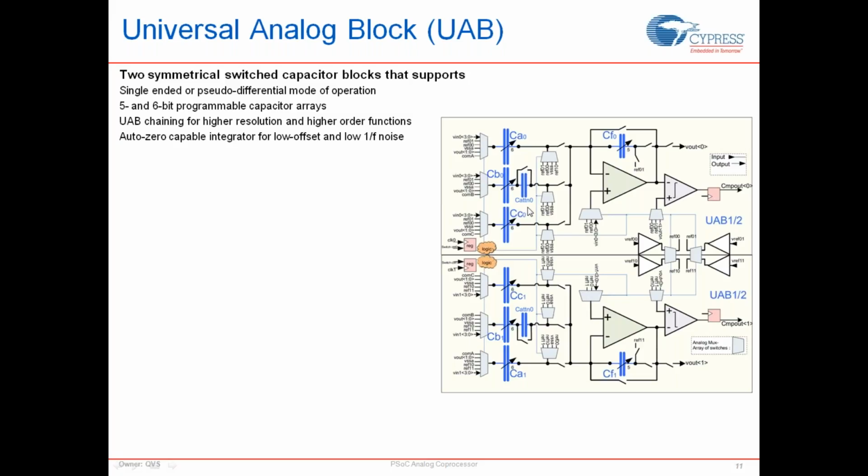Now, you have control over what value you want for each of these capacitors. That's one level of programmability. You also have control over what phases you want to have these capacitor switches switching in. Meaning you could have the input side capacitor, capacitor A, switching in one phase while your feedback side is switching in a complementary phase.